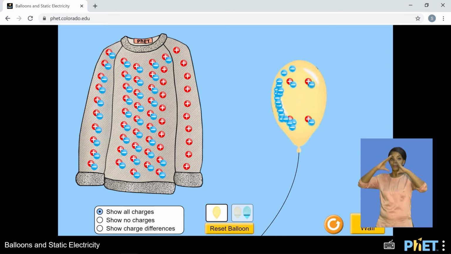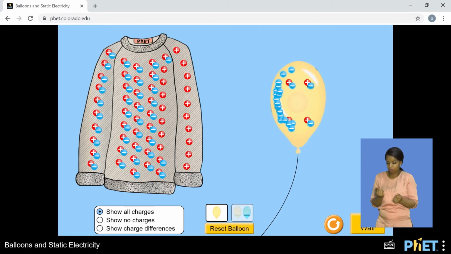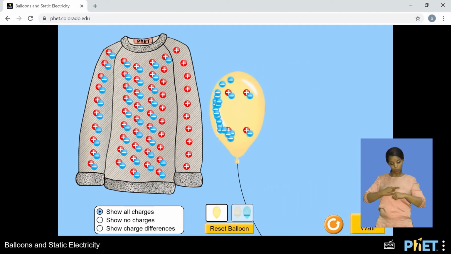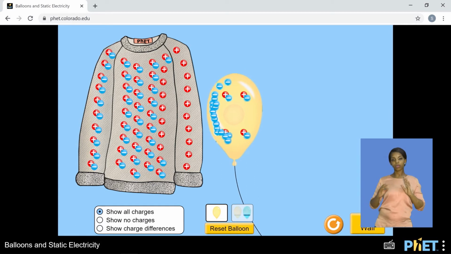Now you can immediately predict that the balloon has more negative charges than positive, meaning that the net charge on the balloon is negative, while the opposite is true for the jersey. On the surface of the jersey, closer to the balloon, you'll see a cloud of positive charges.